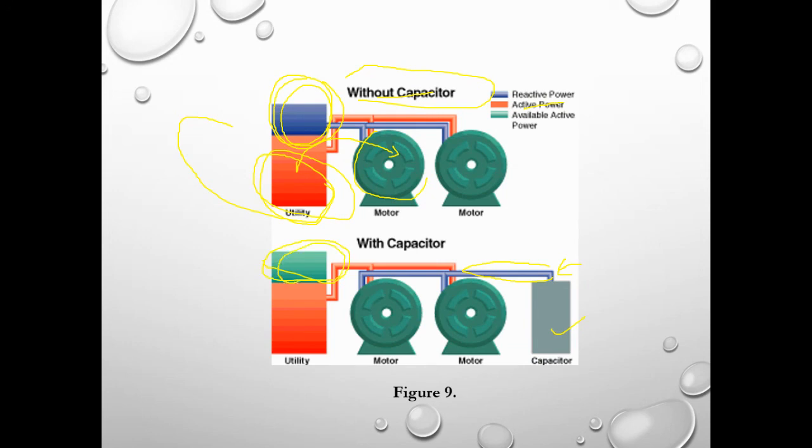This is the available active power in the utility, so we have a better capacity of the system. Or else the reactive power will come from the utility, with no more space for the active power, the red one, here.